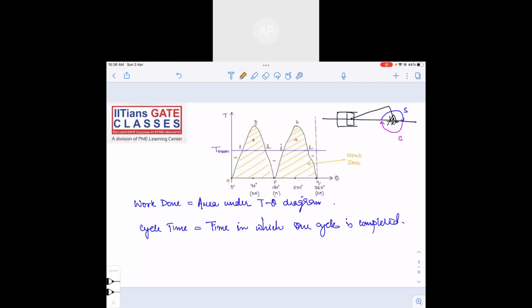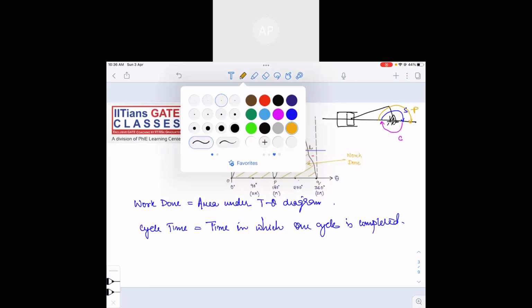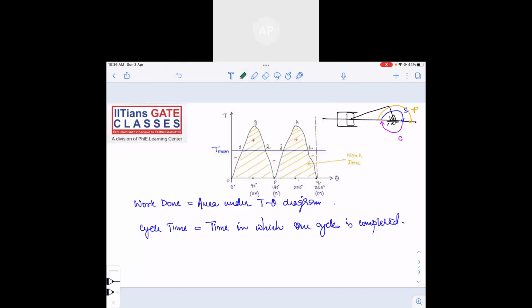After compression there will be the power stroke, and after the power stroke you are going to have the exhaust stroke. Again, 360 degrees movement of the crank.